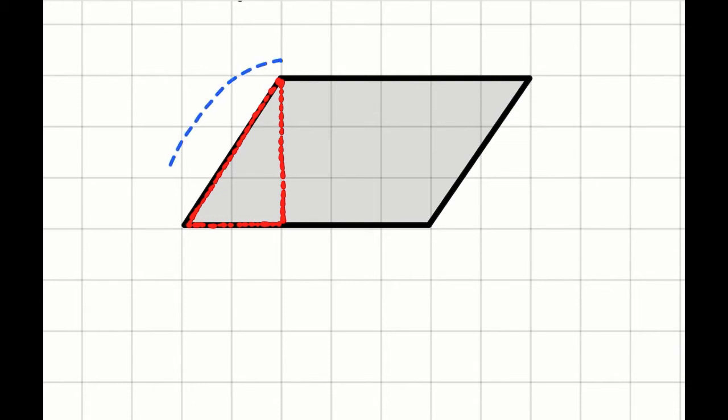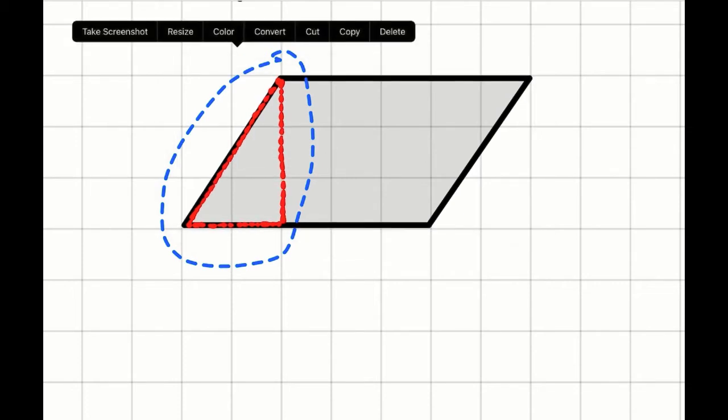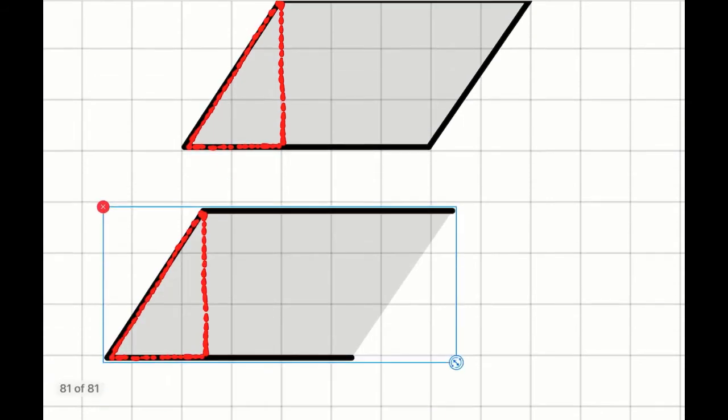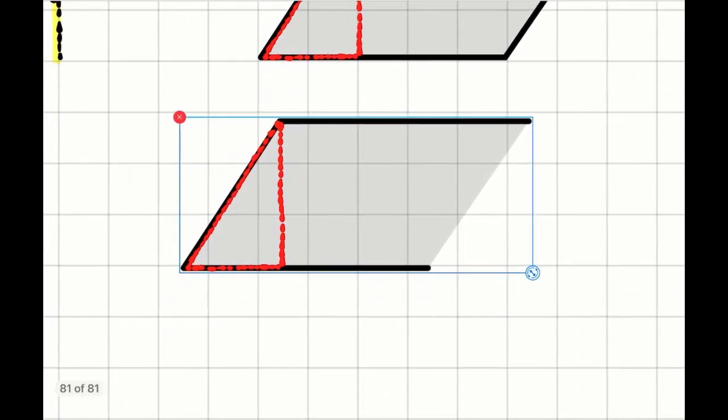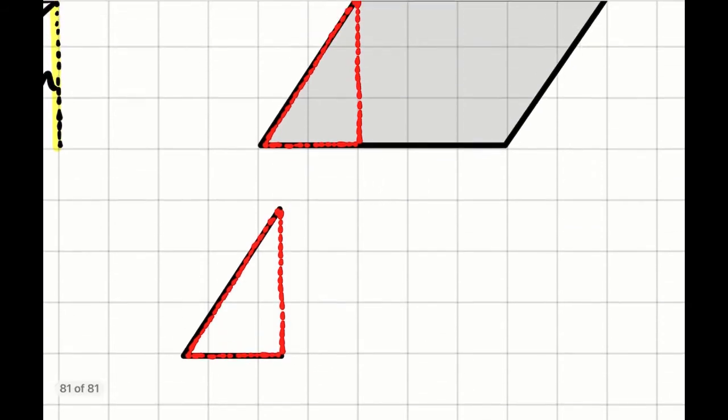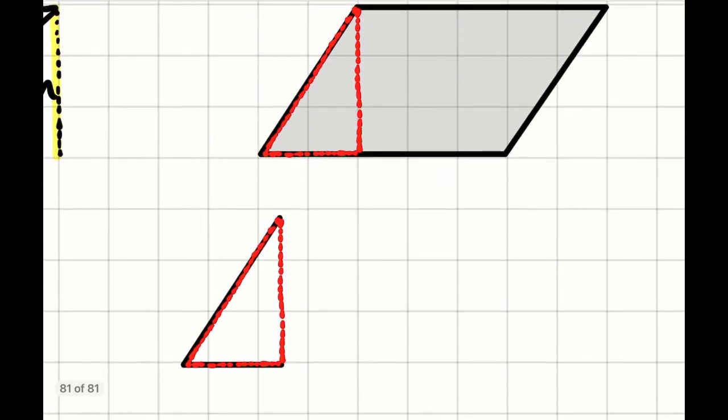So I'm just going to go ahead and copy this. Like so. And then I'm going to erase the pieces that I didn't cut. So I cut that piece off. Okay? So that piece right there.